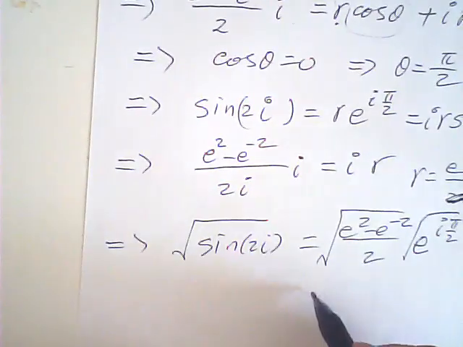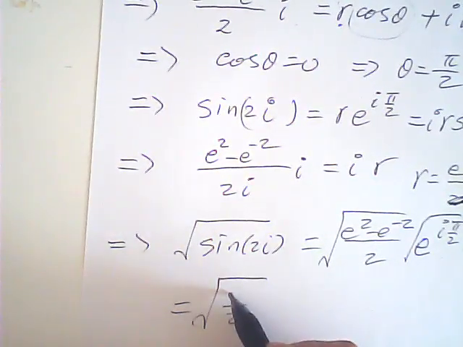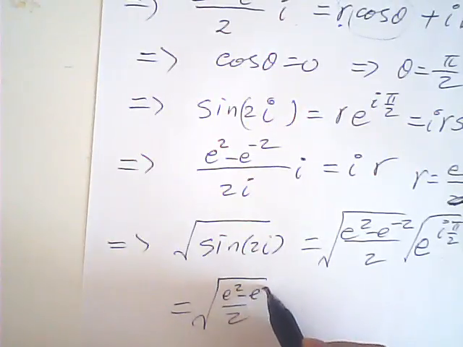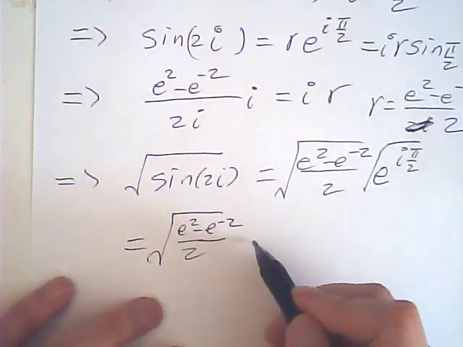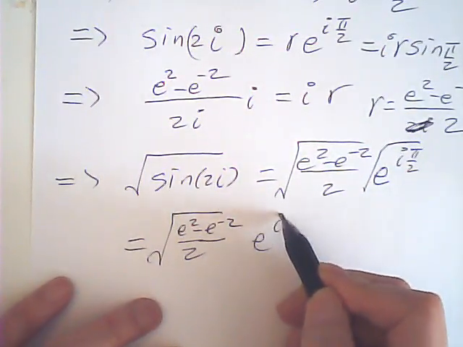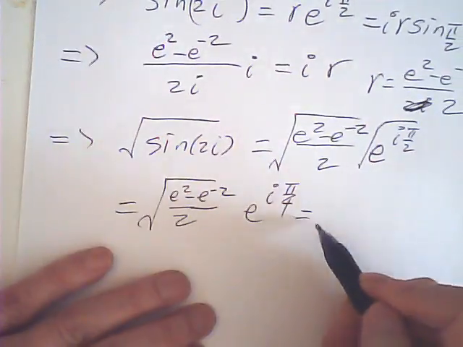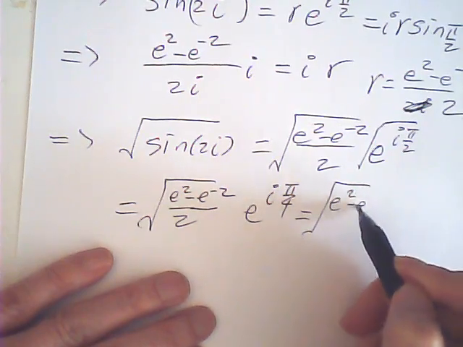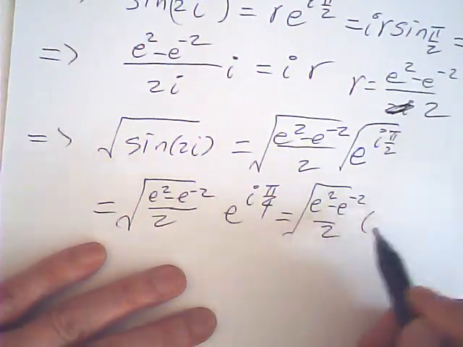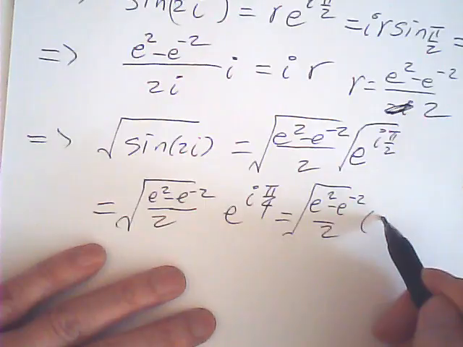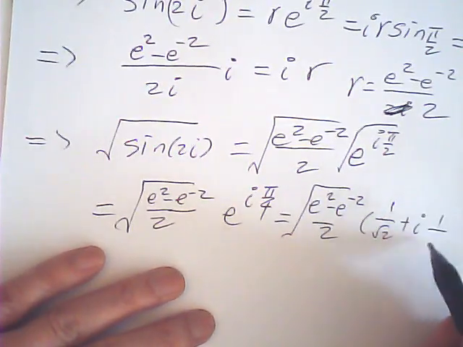So this is equal to half e squared minus e to the negative 2 times this, e to the i quarter pi. So this is the same thing as 1 over root 2 plus i 1 over root 2.